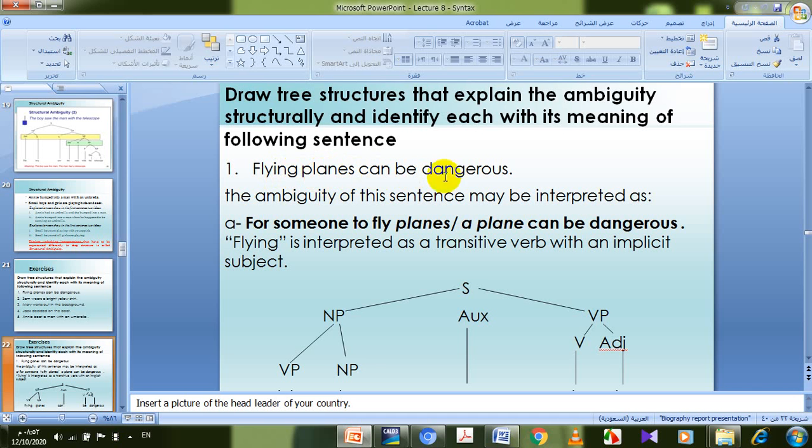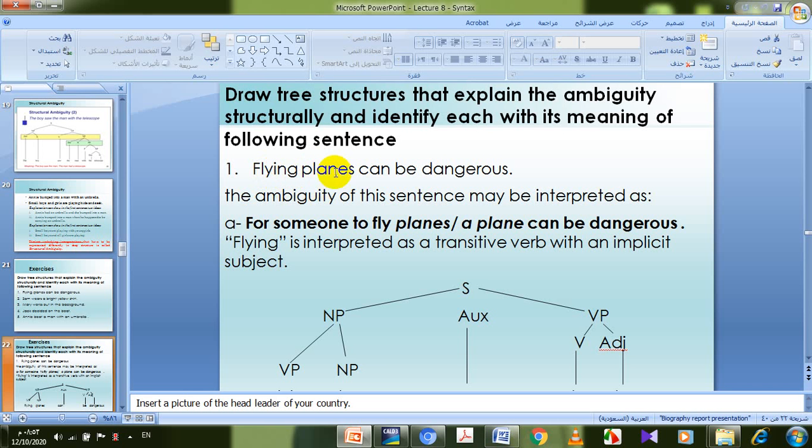Flying planes can be dangerous. So planes which are flying can be dangerous. The first interpretation: flying is an adjective. The second one: flying is a verb, like playing football. Flying planes, قيادة الطائرات.